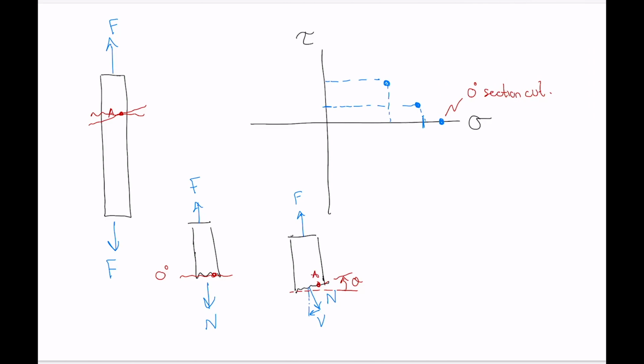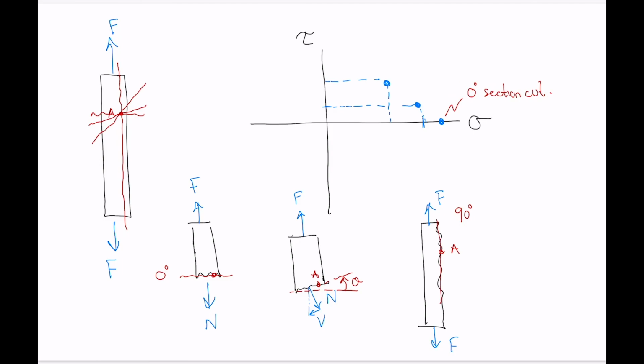So we've taken cuts that have become a little bit steeper, more inclined, and now we're going all the way to that vertically oriented section cut here, where we've got our point A and our force is F, and there's no internal forces present because our object's in static equilibrium. So this is our 90-degree cut here.